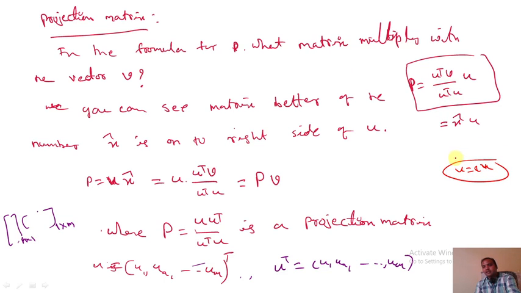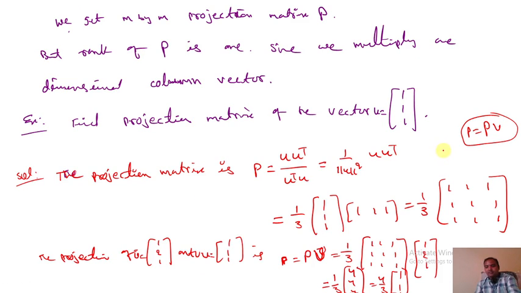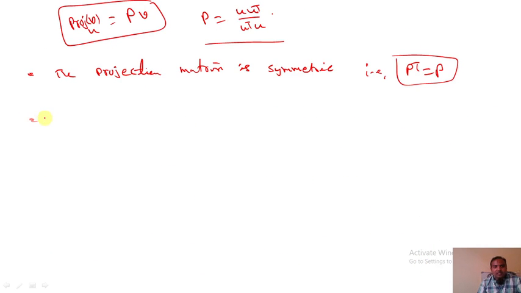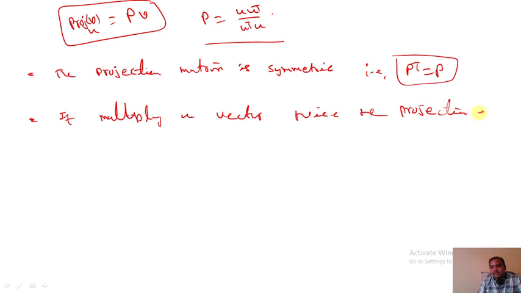The projection matrix is not changed, the projection is the same. Now suppose you are projecting twice. That means you get P squared, and again you get the same projection.